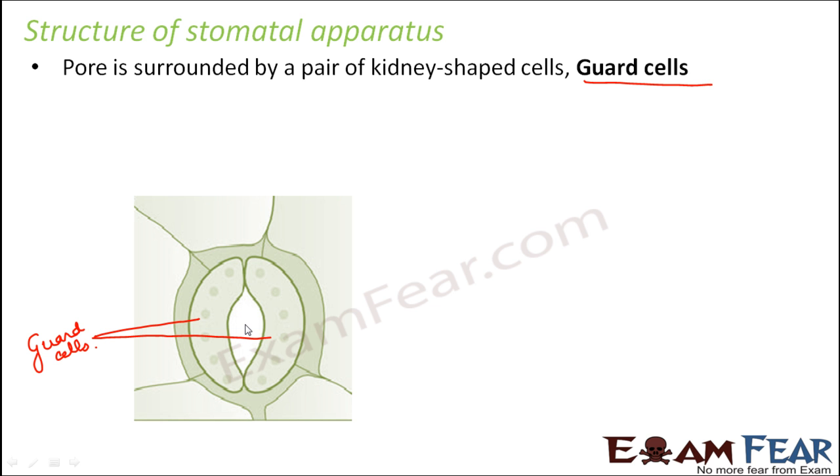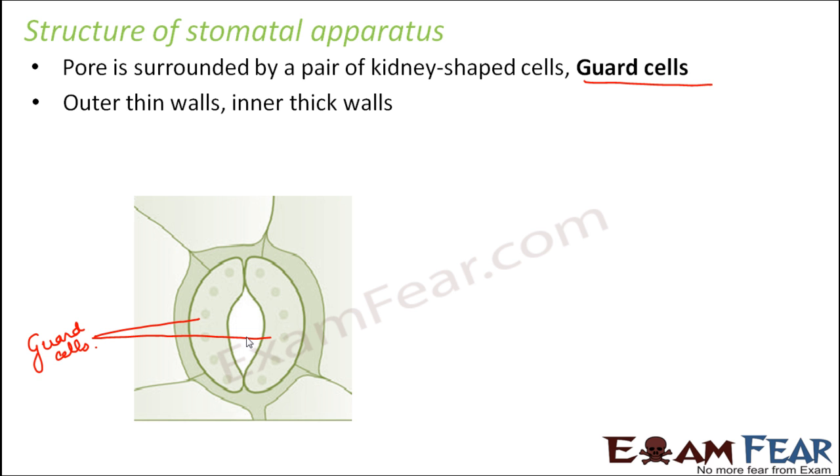These two cells decide whether the stomatal opening will be there or not. When these two cells come very close to each other, the opening is not there. When they go far away from each other, the opening is created. Only when the stomata remain open can the exchange of gases or loss of water take place. So a lot depends on these guard cells.